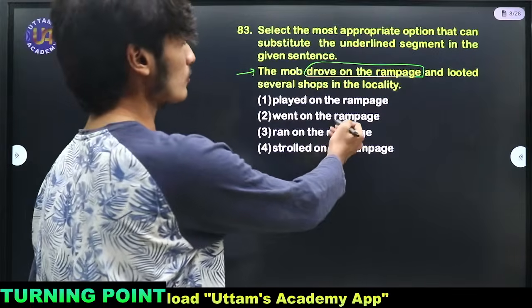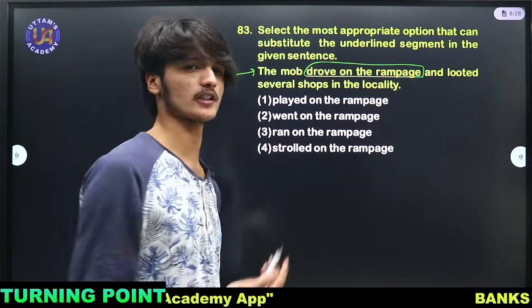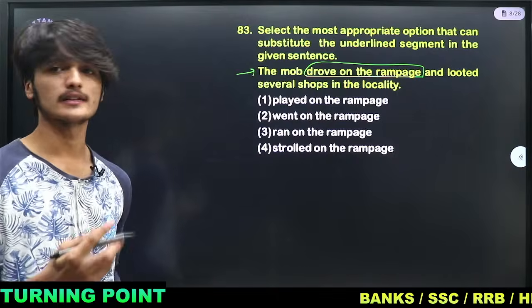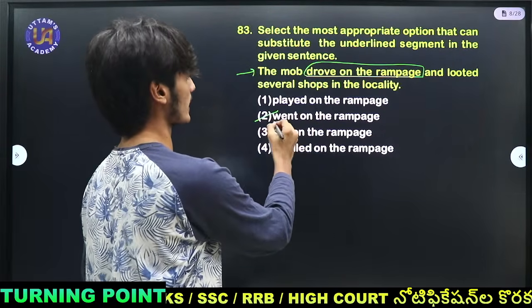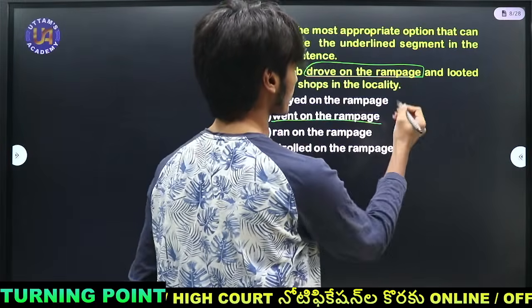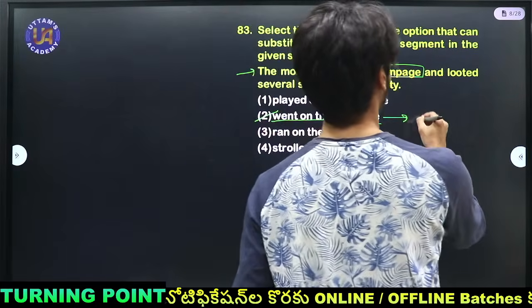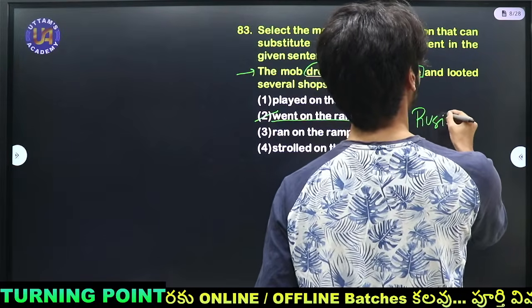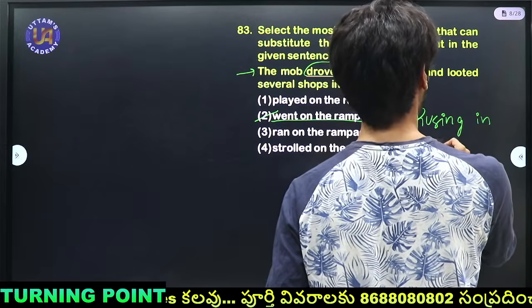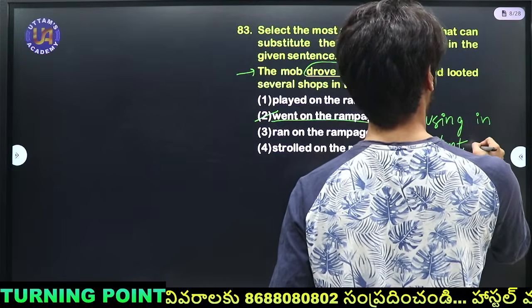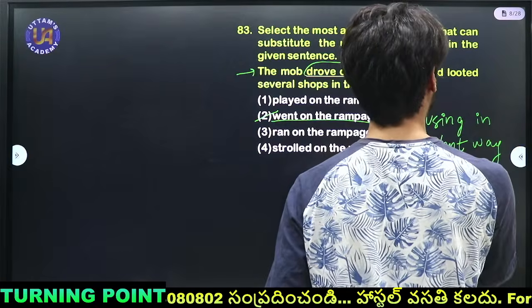There is no such phrase as drove on the rampage. There is a phrasal verb which says went on the rampage. Went on the rampage generally means rushing in a violent way, causing damage and destruction.